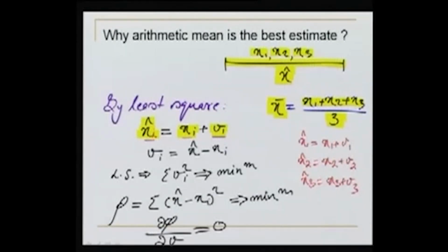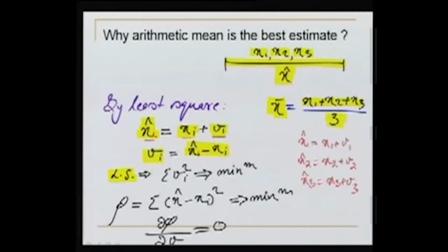Now further, as you can see, I am bringing this vi to the left hand side. So the right hand side becomes xi hat minus xi. Now what is the least square?